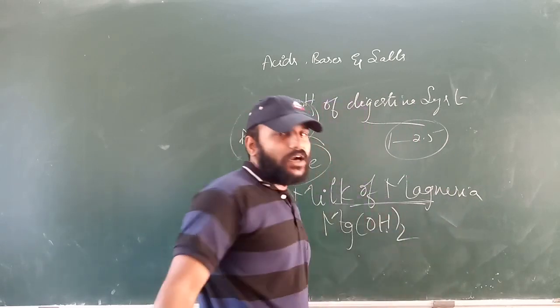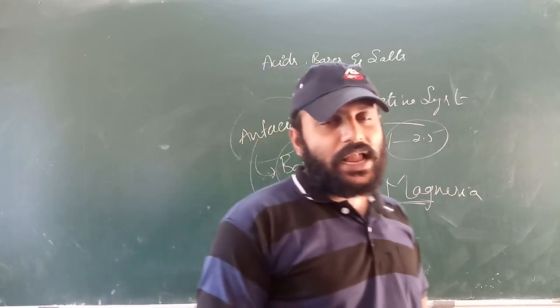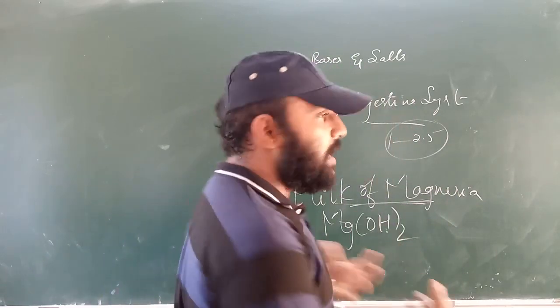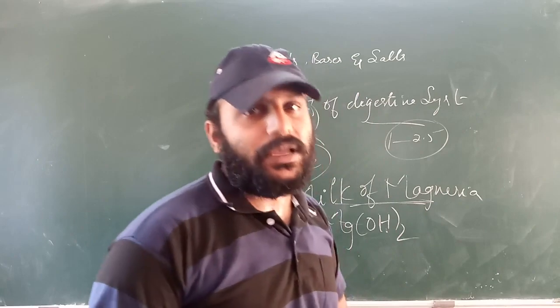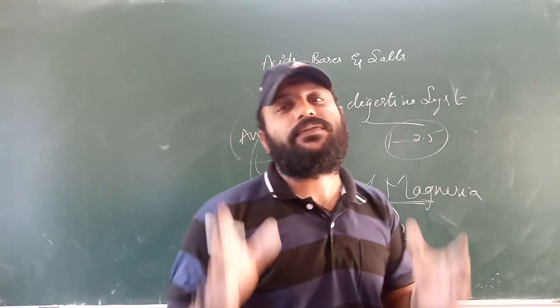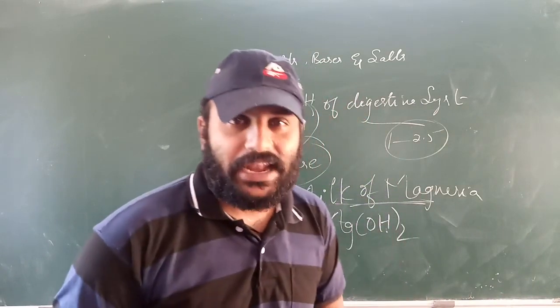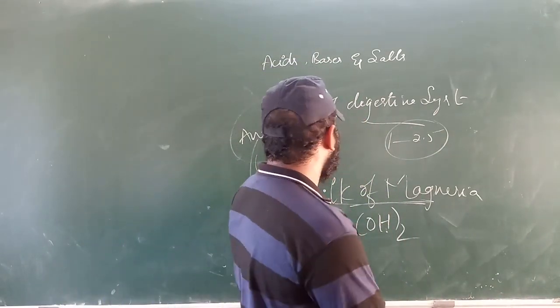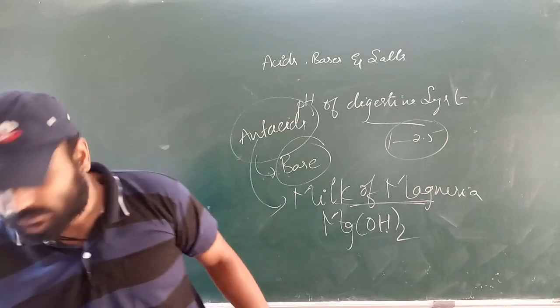Since it is a base, neutralization takes place between the antacid and the acid present in the stomach, which will lead to a decrease of stomach pain and irritation. Understood how the pH of the digestive system works?